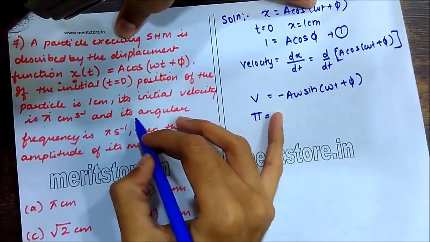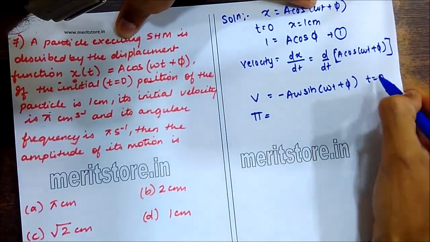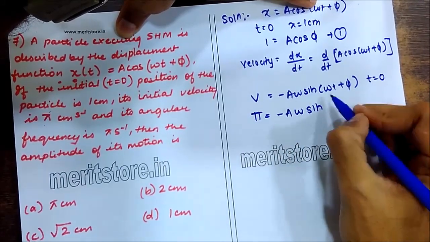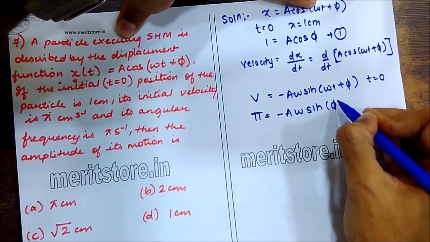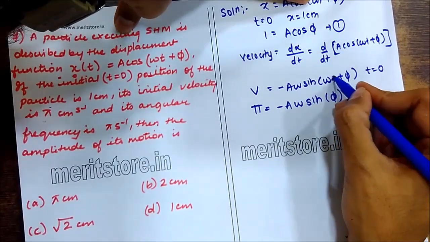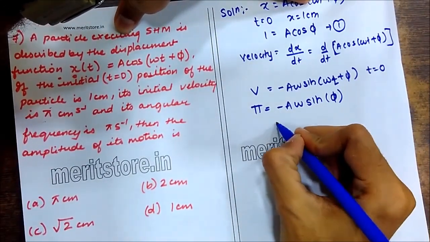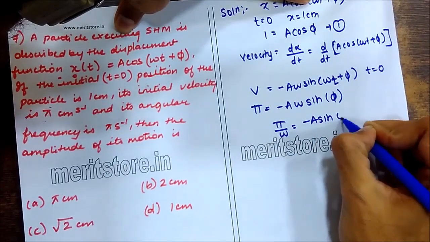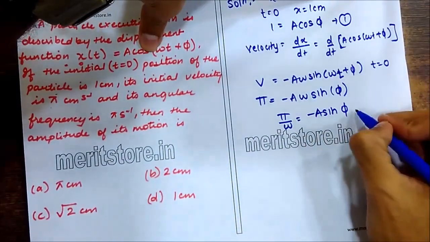Its initial velocity when the time is equal to 0 is π, that is minus A ω sin ψ. So we can take π upon ω equals minus A sin ψ. This is your equation.